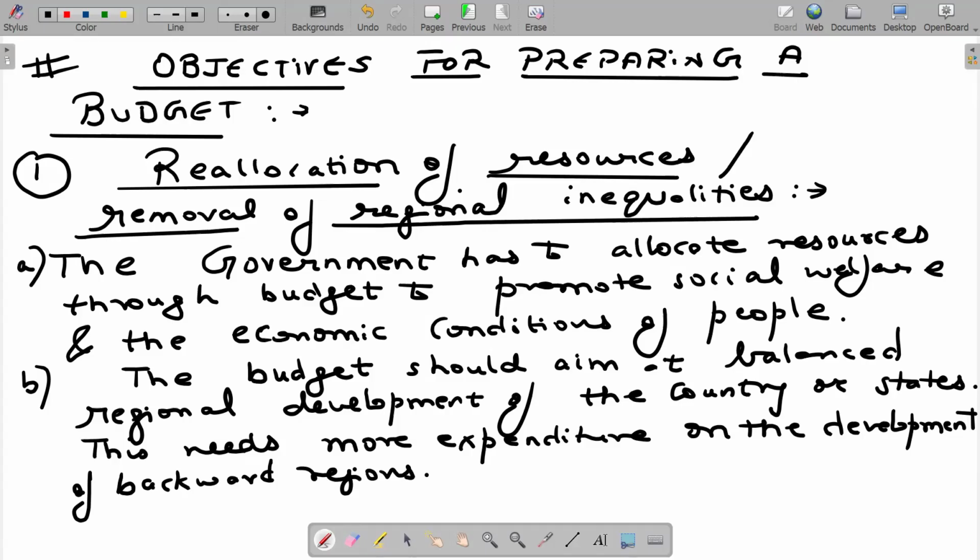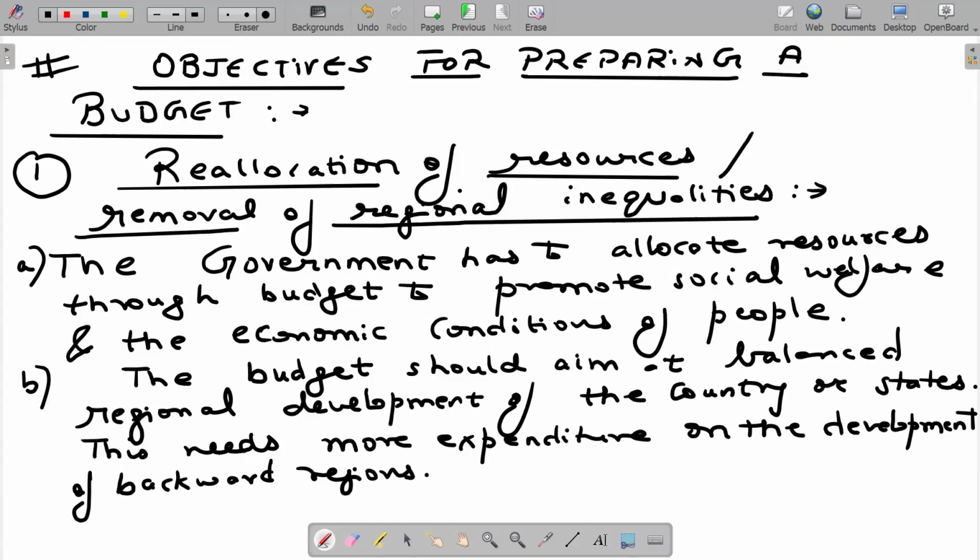That means the government should spend more on backward regions, those that lack access to nutrition, those that lack access to healthcare facilities, those where there is illiteracy in terms of education, and regions where infrastructure is lacking.